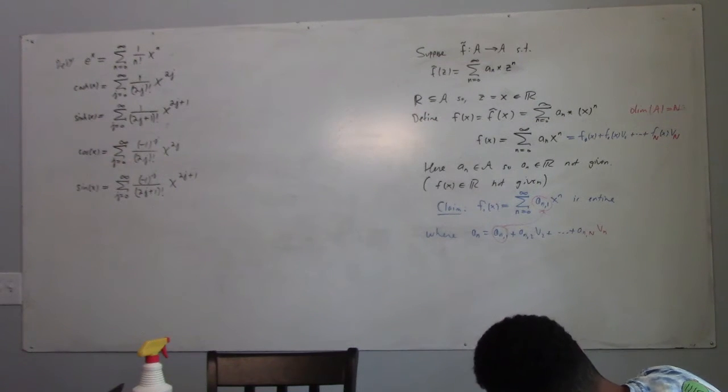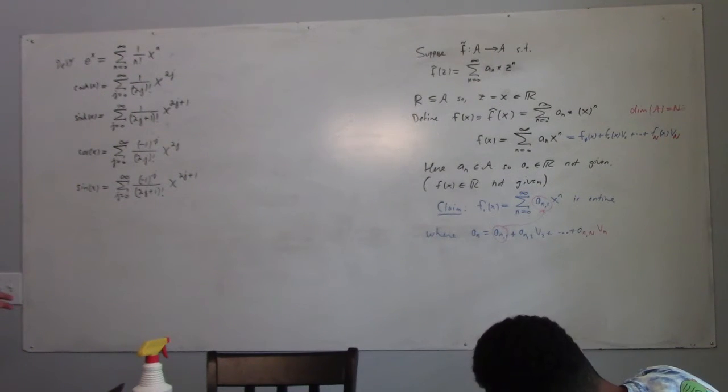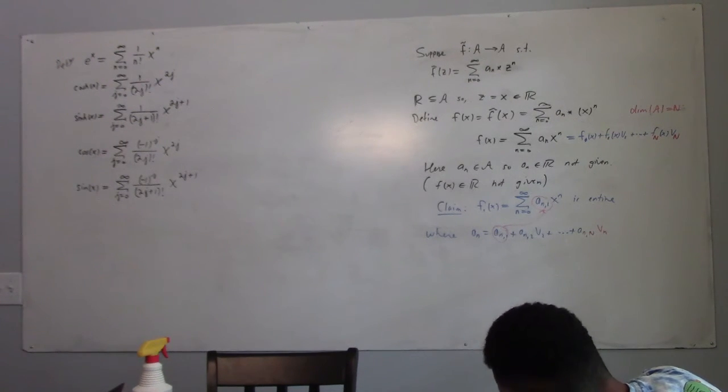And so to create the corresponding algebra functions, it's really simple. All you do is replace x, the real variable, with z, the algebra variable. I mean, that's it.